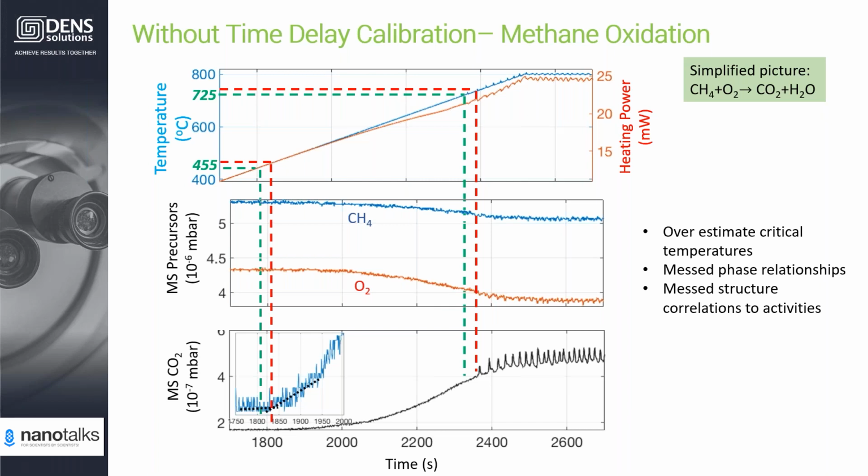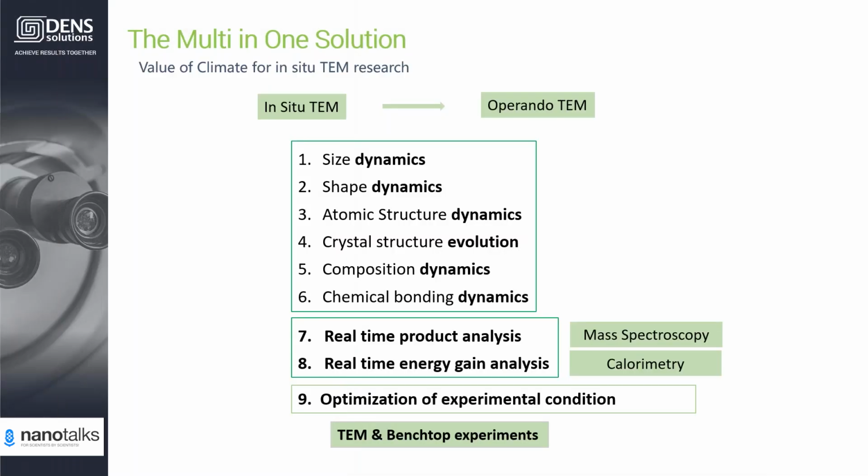You will also mess up the phase relationship when you are trying to correlate the reaction products and your calorimetry. And of course, when it comes to TEM, you will have messed up structure correlations to activities. So these are a model and structure, and also a benchtop experiment.